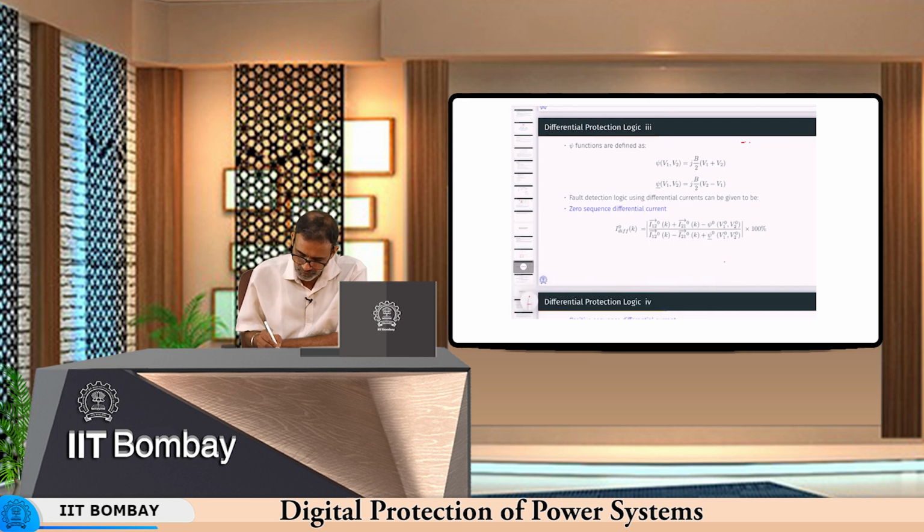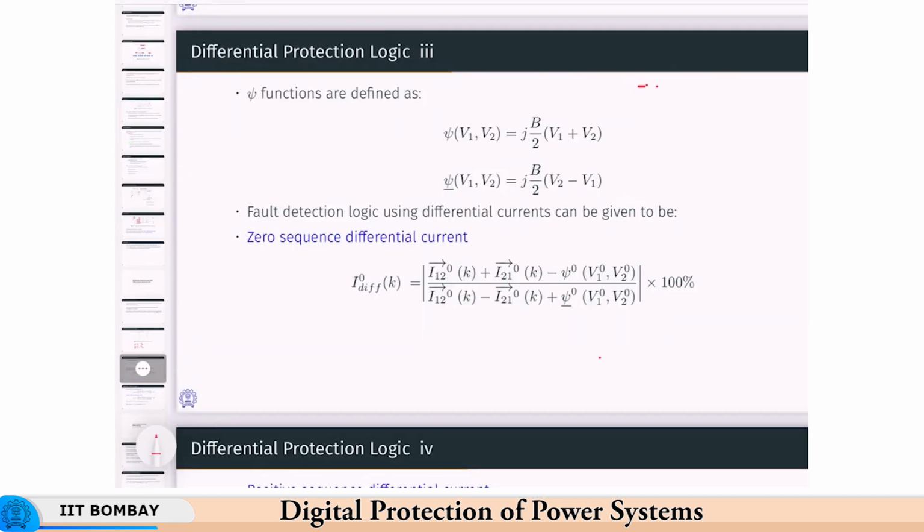If there is no fault on the system, then of course, I12 plus I21 minus the psi 0 will be 0. And the denominator will be some large value, because it will be the summation of two currents in reverse. So, there will be double of that current plus the charging component as well. Okay.